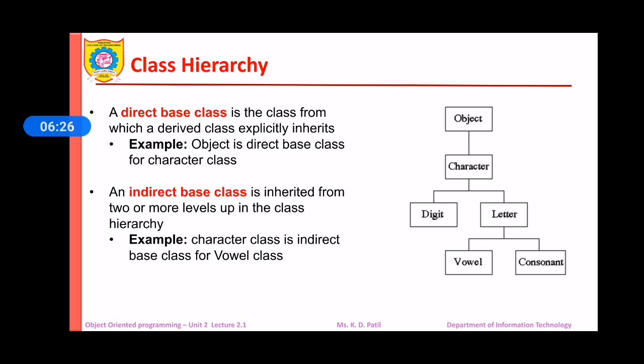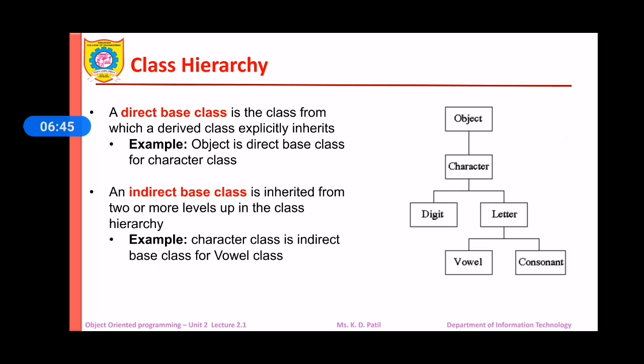Now, let us see what is an indirect base class. An indirect base class is inherited from two or more levels up in the class hierarchy. Now, let me give you an example. Class character is an indirect base class for the class oval.